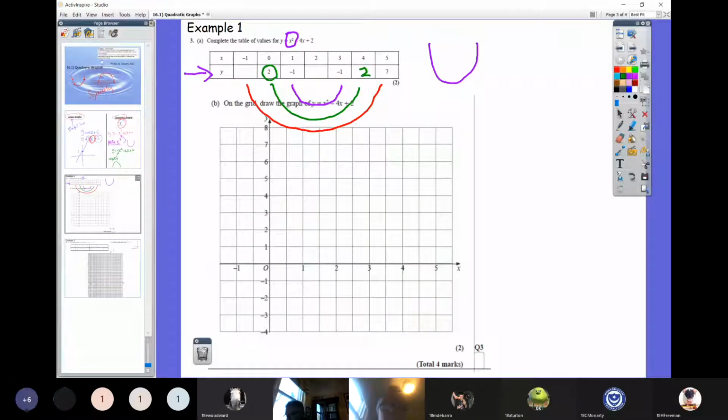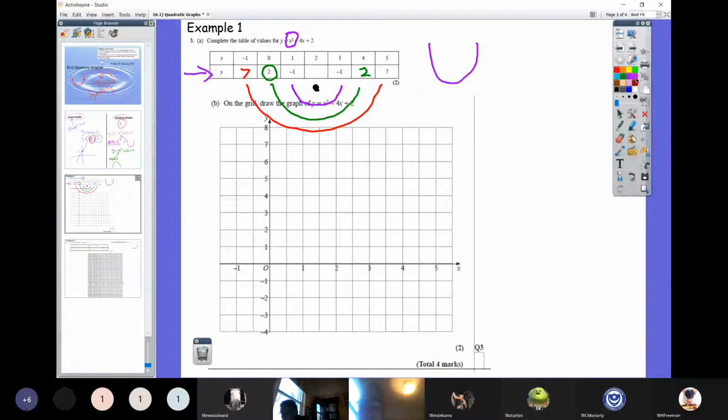I don't need to work it out. That red ripple, I've already got that 7, so I can put a 7 on the other side. And right in the middle, where you've thrown the pebble into the pond, that is the only value I need to work out. Everything else has been done by symmetry.